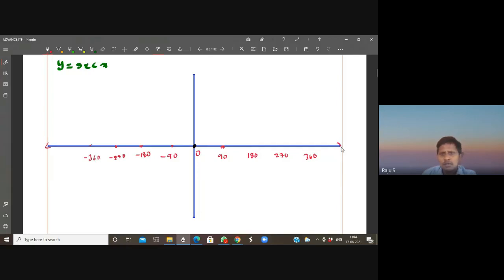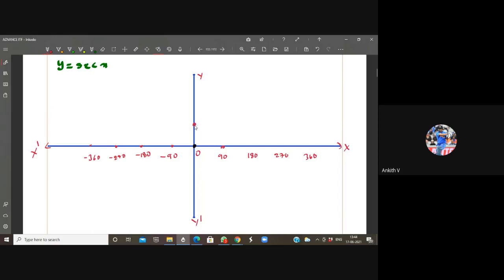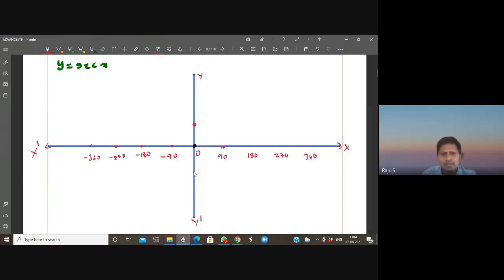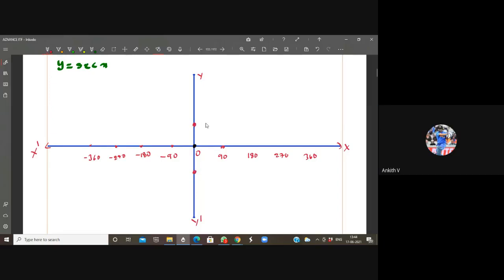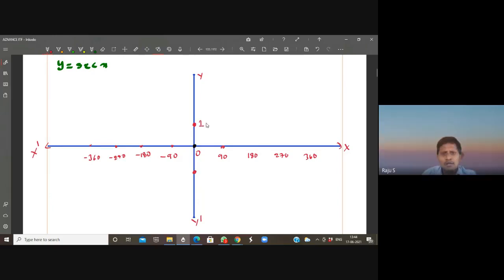Here x, x dash, y, y dash. Okay, secant x is the reciprocal of cos. What is the maximum value of cos? Minus 1 to 1. Yeah, 1 and minus 1.